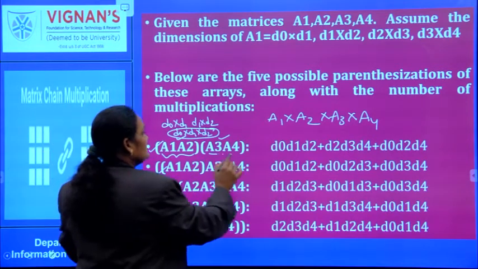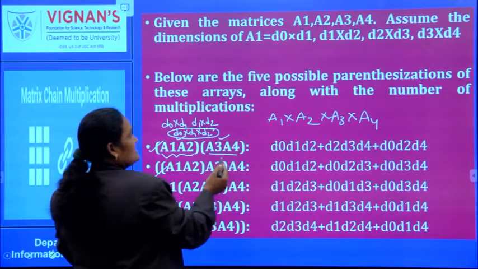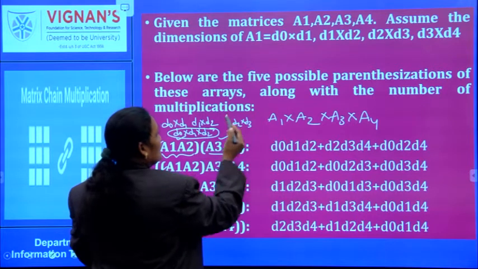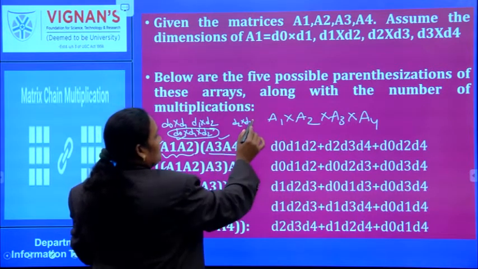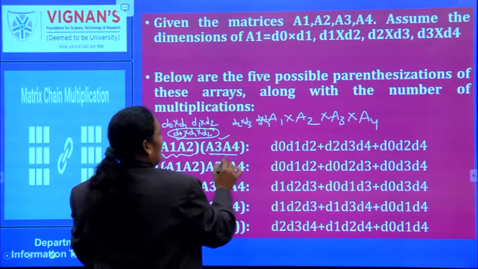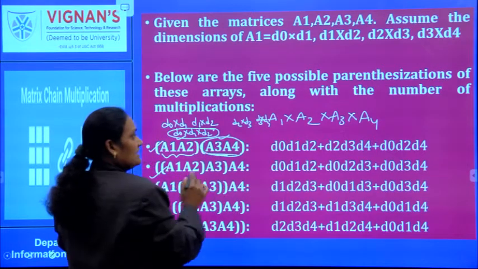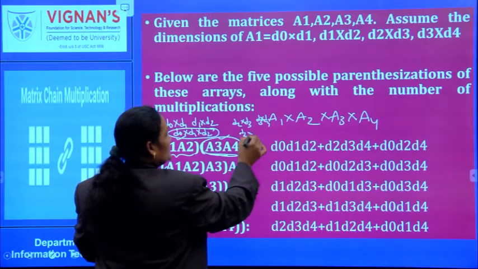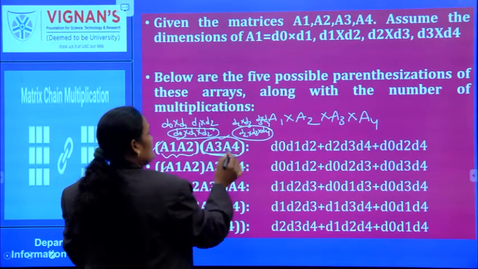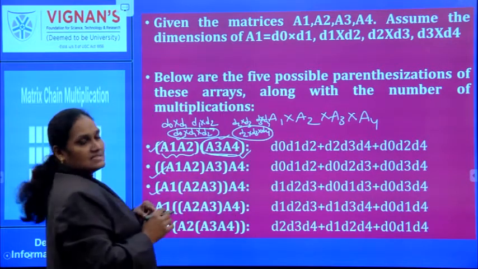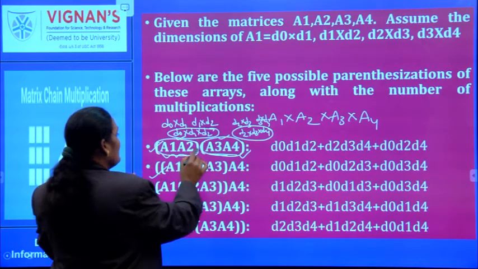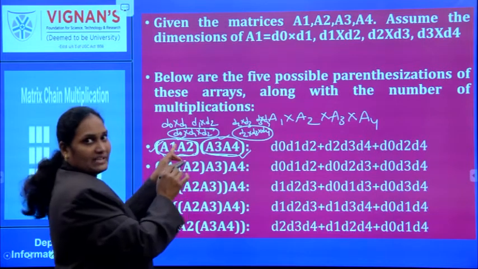Now, with how many multiplications can A3 into A4 be completed? The dimensions of A3 are D2 into D3, and the dimensions of A4 are D3 into D4. So A3 into A4 can be completed with D2 into D3 into D4 multiplications. Now, what are the dimensions of the resultant matrix from multiplying A1 and A2?